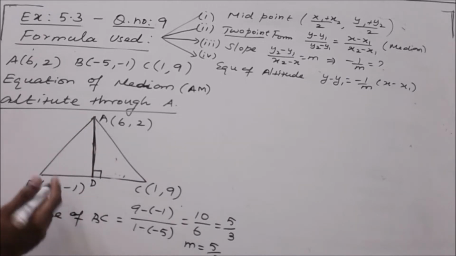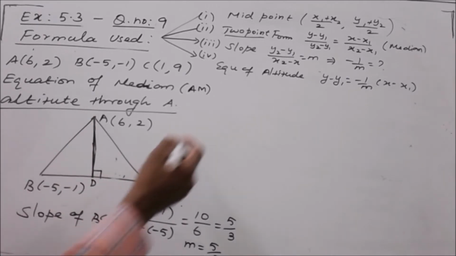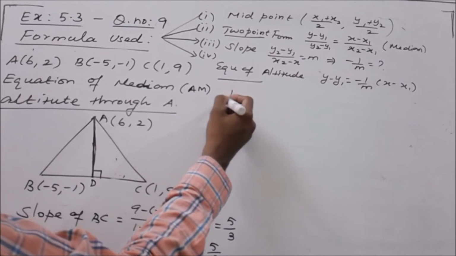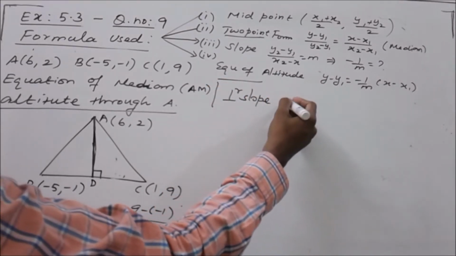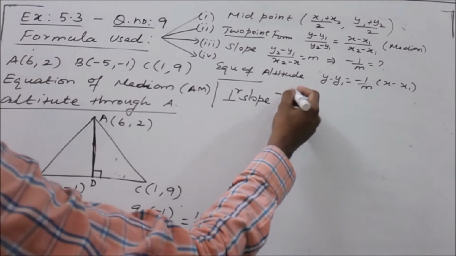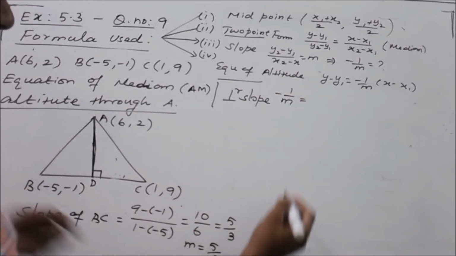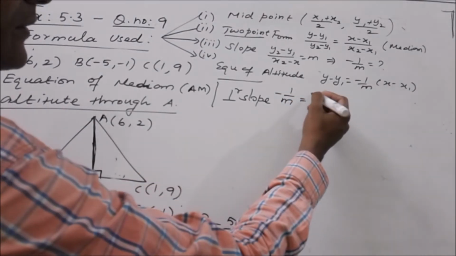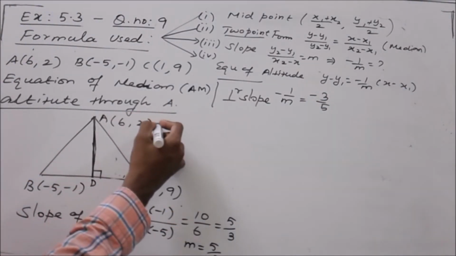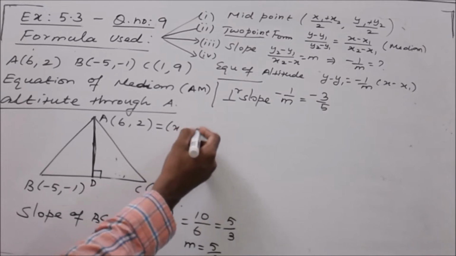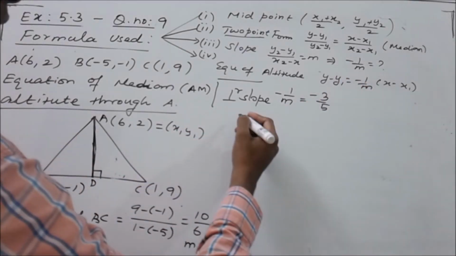Now altitude means perpendicular to BC. So calculate the perpendicular slope of BC, that is -1/m, reciprocal and change the sign, -3/5. Then take this point as x1, y1 and use the formula.